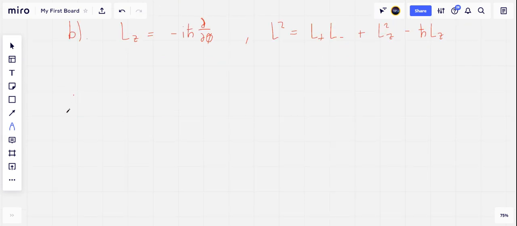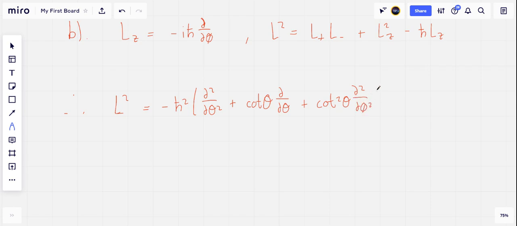So therefore, we can write L squared as minus h bar squared d2/dθ² plus cotan of θ d/dθ plus cotan squared θ d2/dφ² plus i d/dφ.